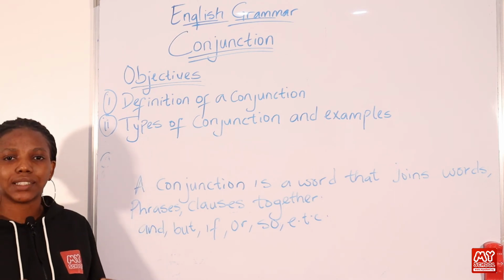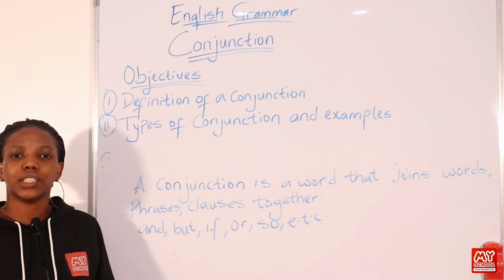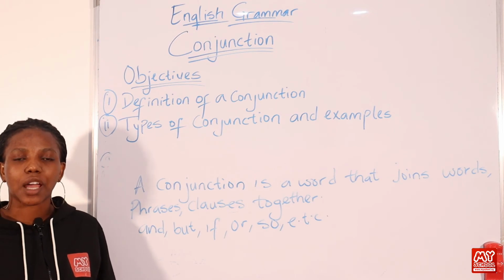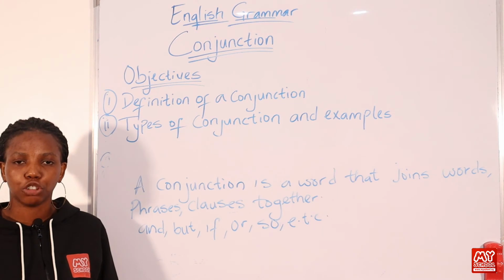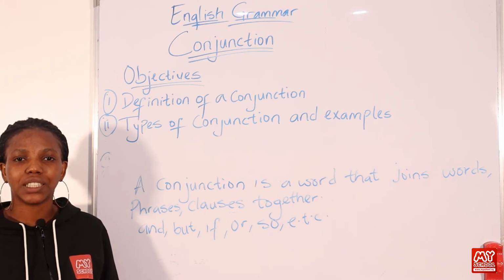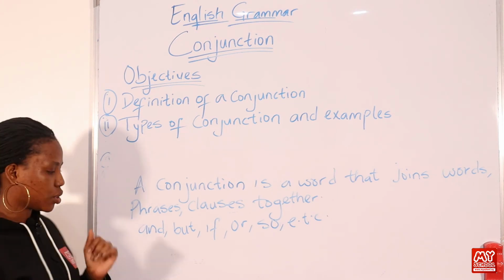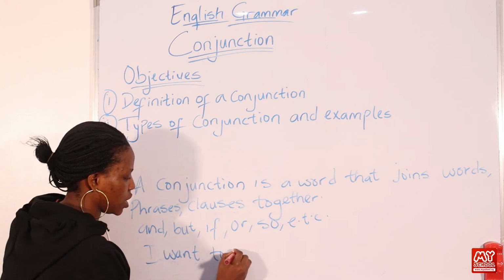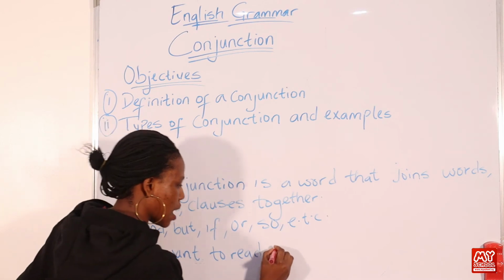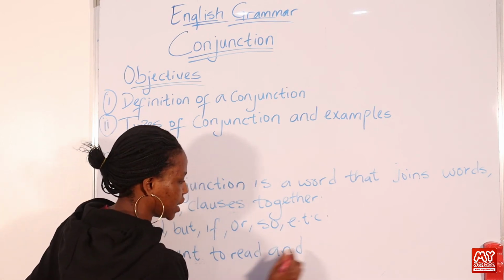Now let's take a look at the sentence. I want to eat. I want to read. I can join these two sentences together using and. I want to read and I want to eat. So you have I want to eat and I want to read.